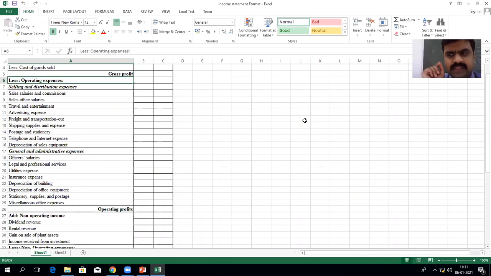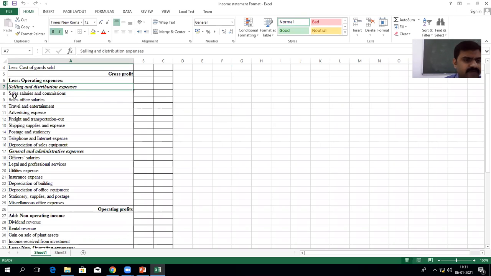So operating expenses are nothing but the direct and indirect expenses which are affecting your company and your company profit. So these are called operating expenses, the expenses incurred to run your business. First is your selling and distribution expenses.